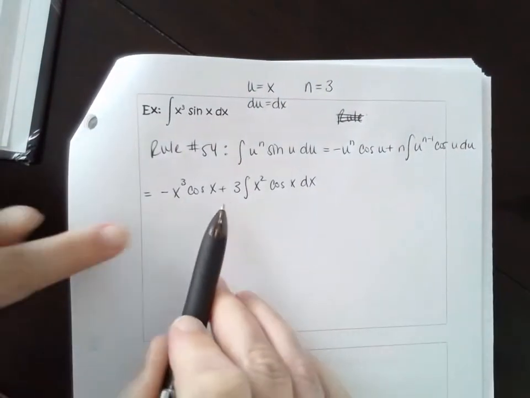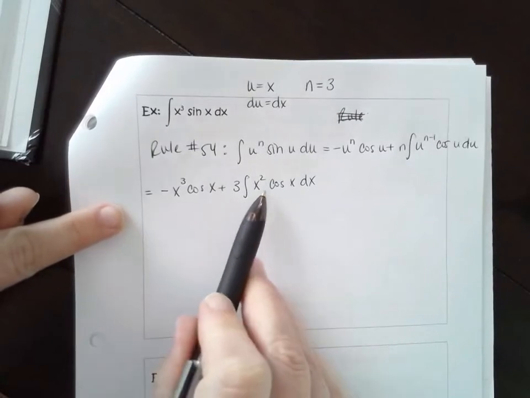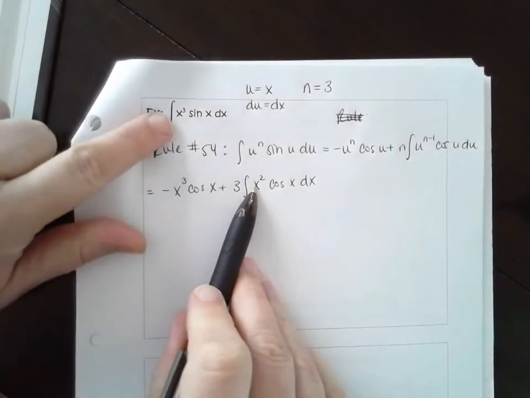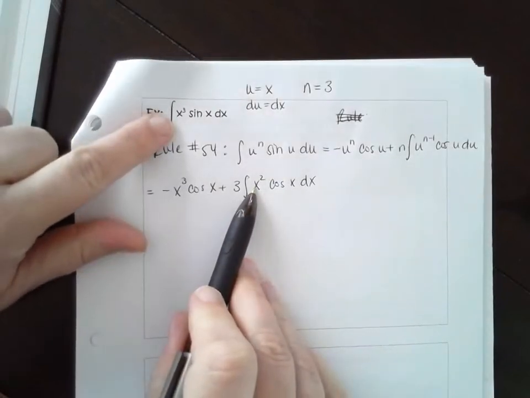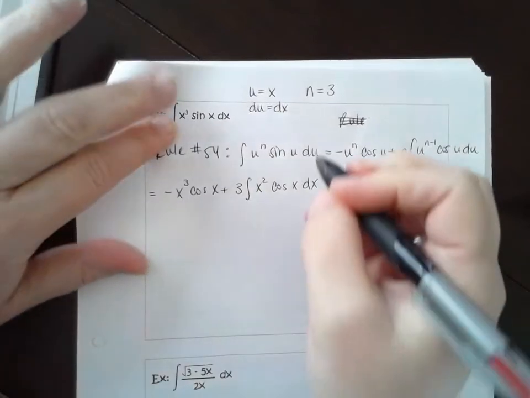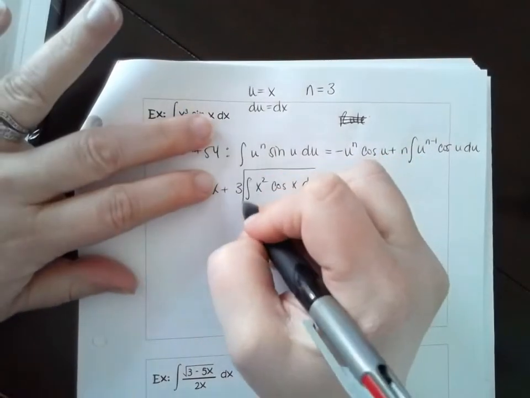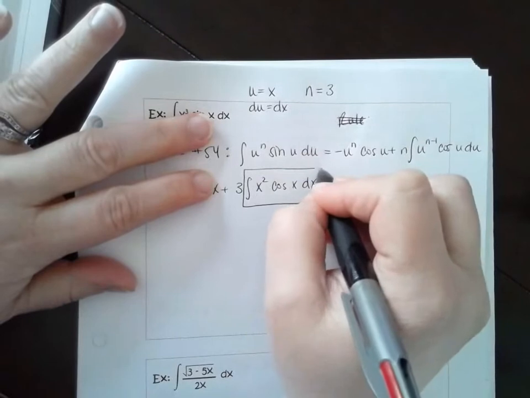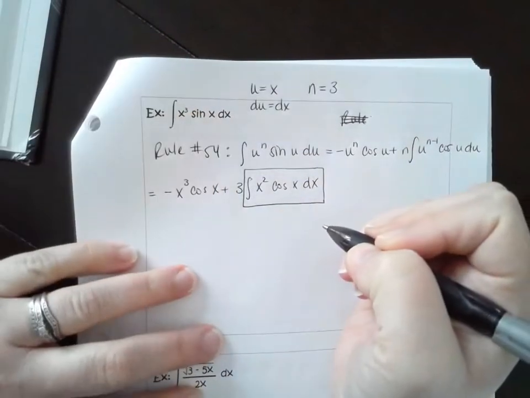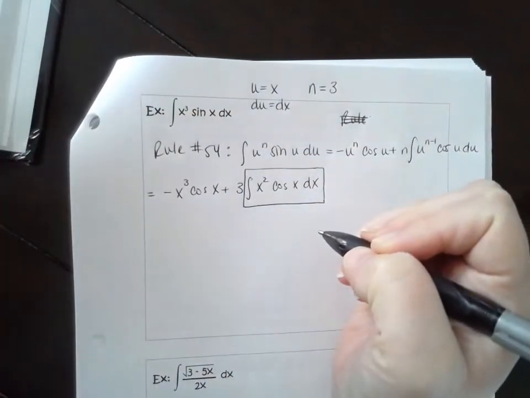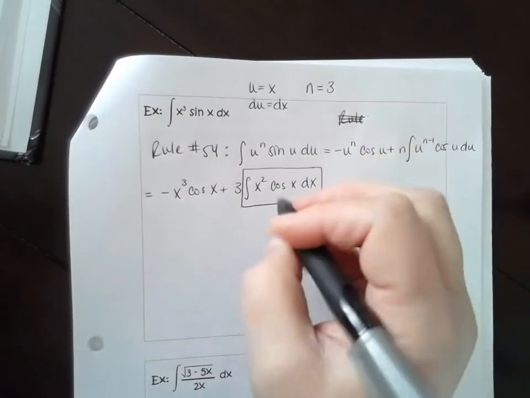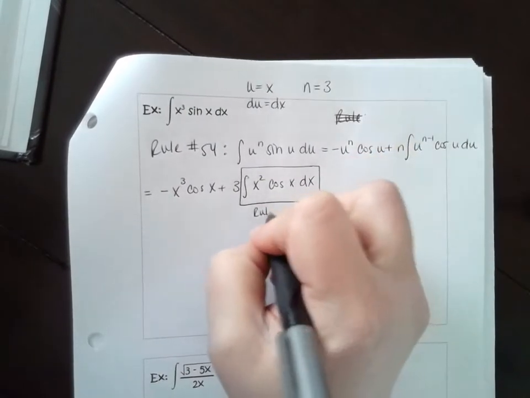Now, this isn't complete, but it's better than what we started with because the exponent is in fact decreasing. Okay? So I'm going to make a note. What rule does this new integral fall under? If you scan close to where we just were, rule number 55 would apply.